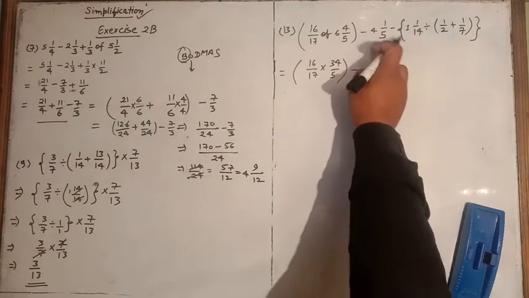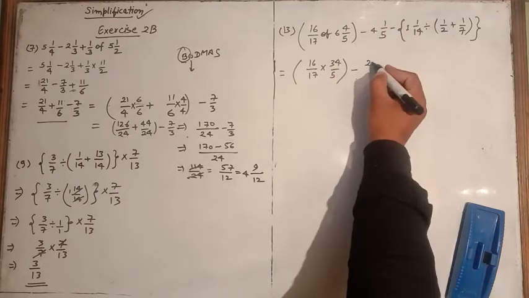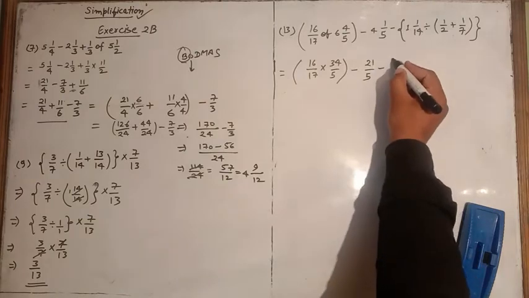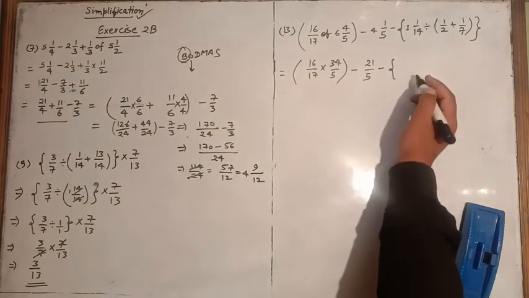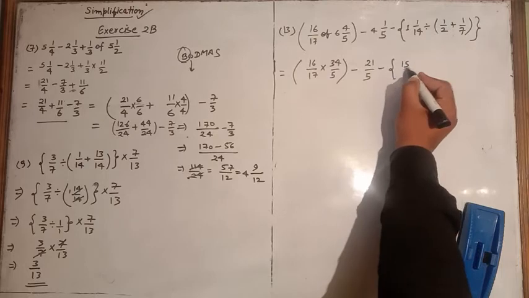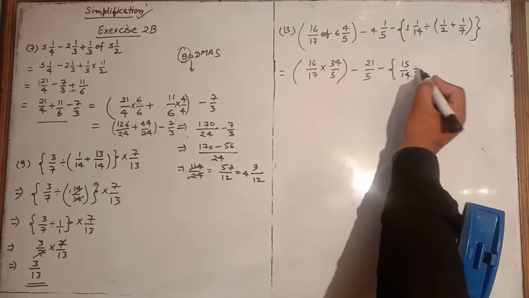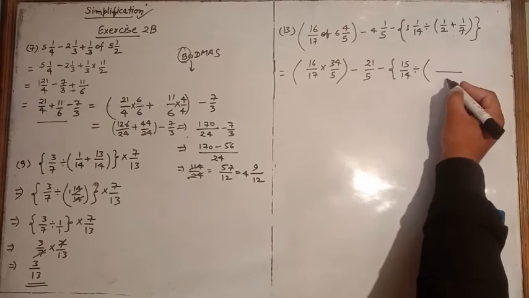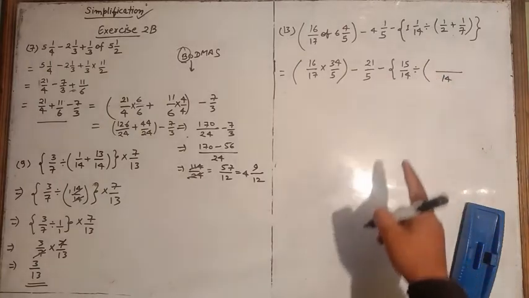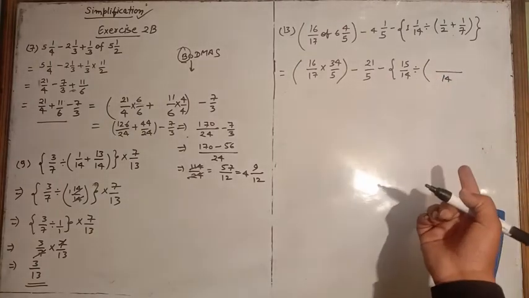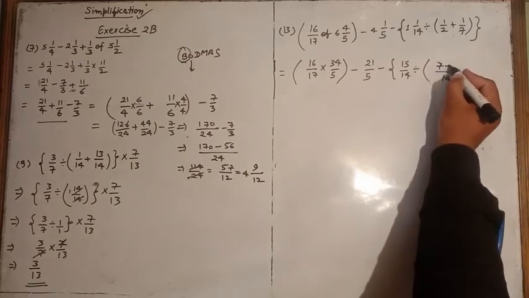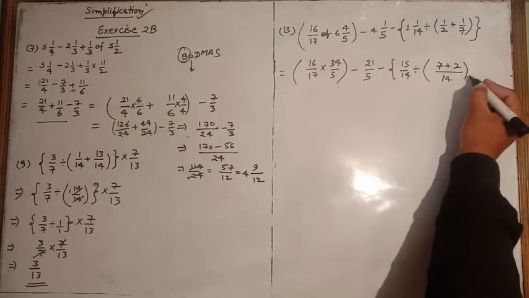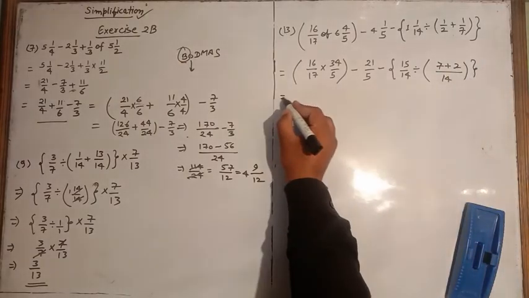Now minus 5 whole 1 by 4, 4 fives are 20 plus 1, 21 over 5 you can write, minus curly bracket you will start: 1 whole 1 by 14, 14 plus 1, 15 over 14 you can write, divided by inside bracket you can solve. LCM of both will be 14, so 2 sevens are 14, so 7 you will write here, plus 7 twos are 14, 2 you will write here, curly bracket and small bracket close.